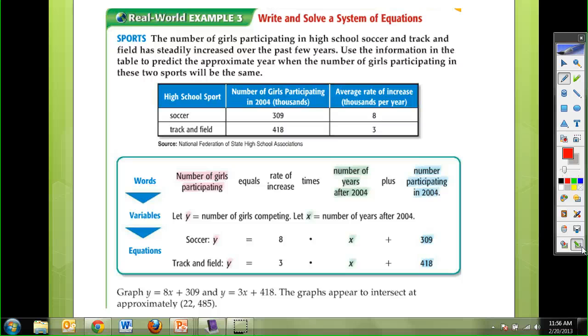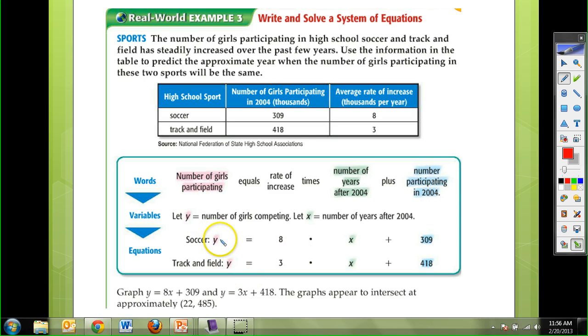So their high school sports are soccer, track and field. Number of girls participating in 2004, in thousands, and the average rate of increase per year. So if you let the number of girls participating be y, it equals rate of increase times number of years after 2004 plus number participating in 2004.